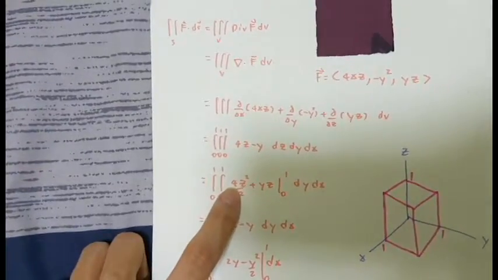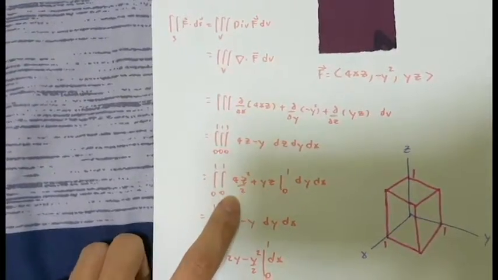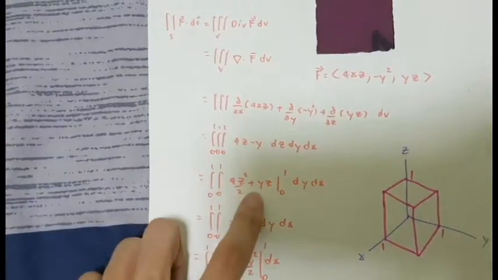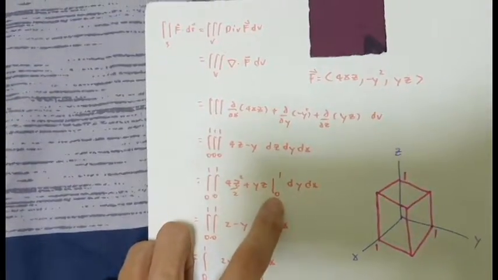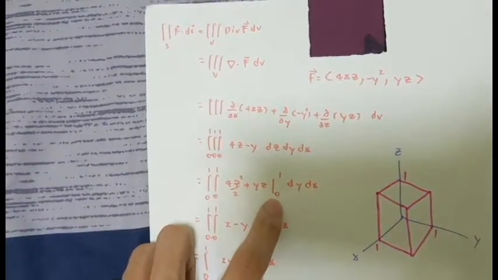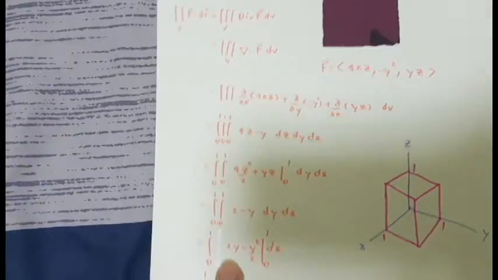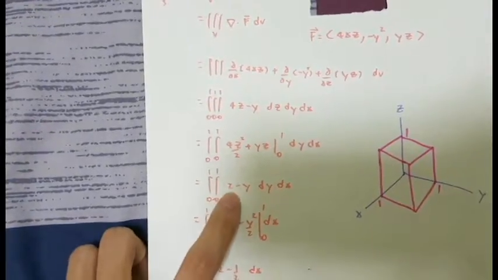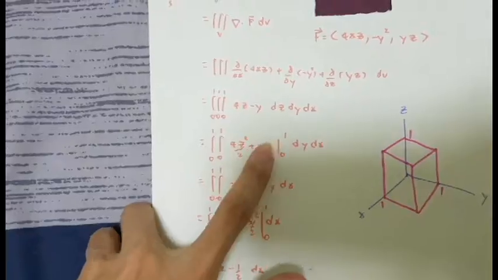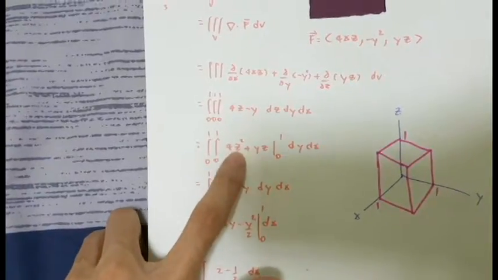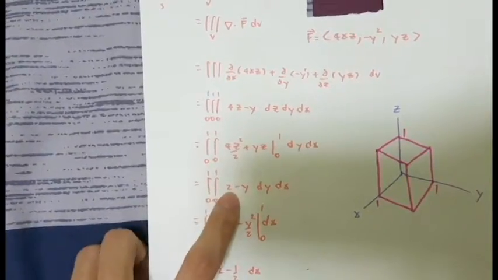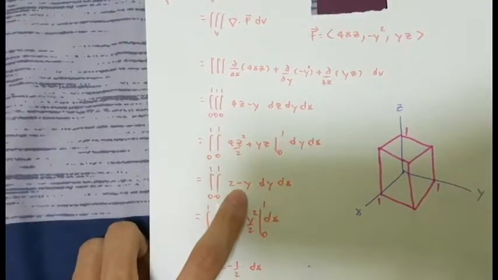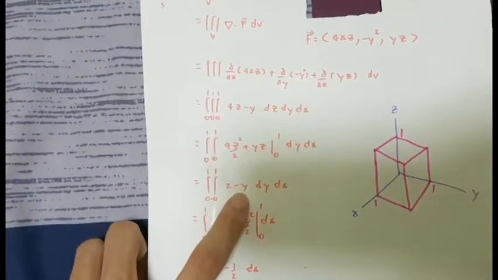I will get 4z squared over 2 plus yz, from 0 to 1, and substituting 1 for z, we will get 2 minus y.